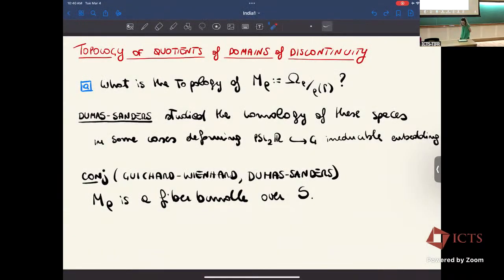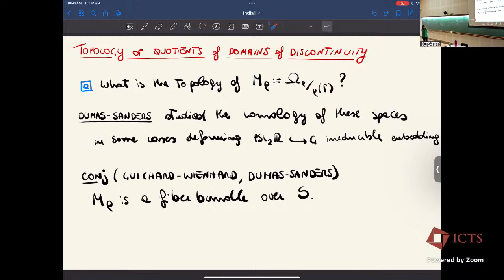But I wanted to discuss first, at least the main idea of our results about these quotients. Guichard and Wienhard and Kapovich, Leeb and Porti give you this domain of discontinuity, and they study the topology in some cases.